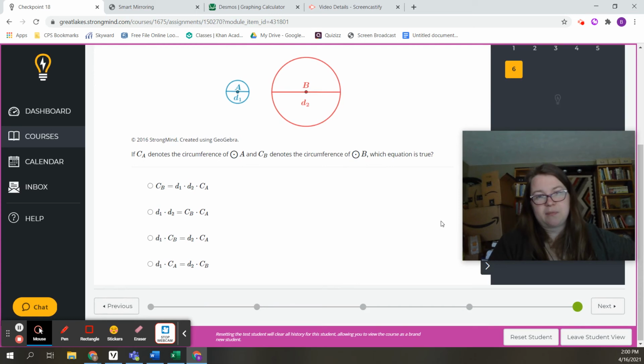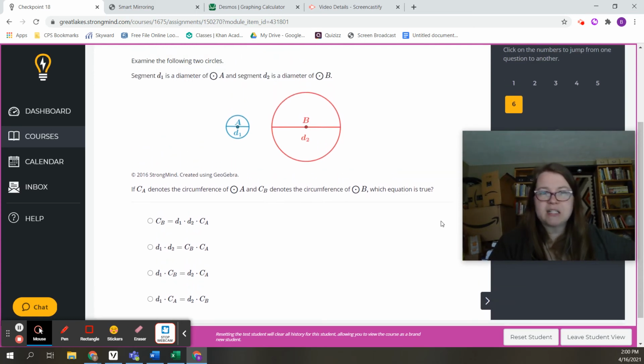And the last question on checkpoint 18. And this is the weird one. They are basically taking that whole formula for the definition of pi, which is the circumference divided by the diameter, and rewording it. So let me go over how they did that.